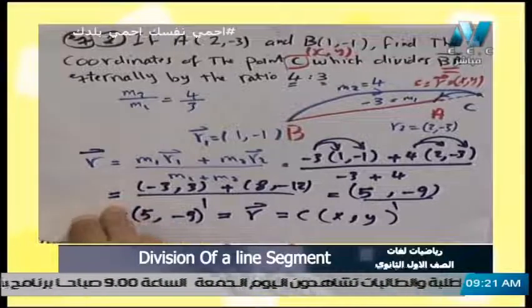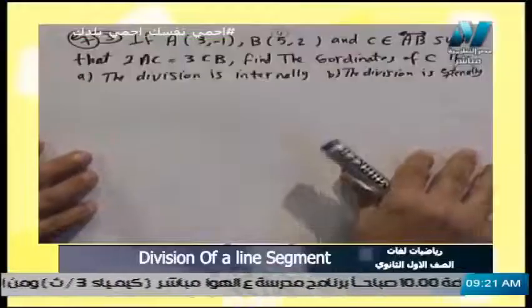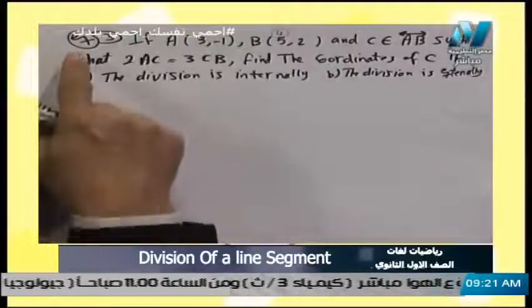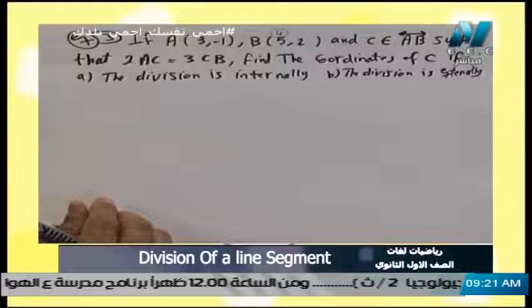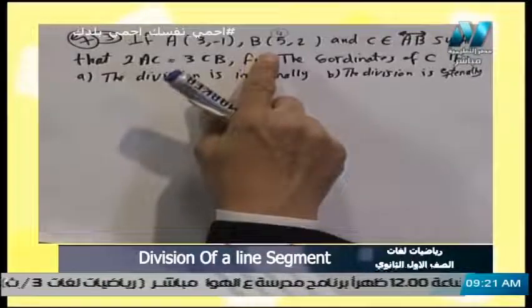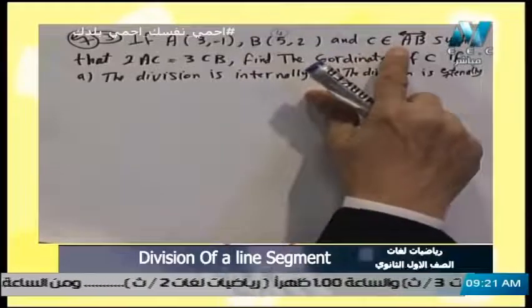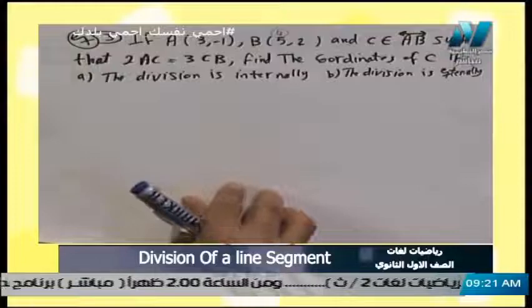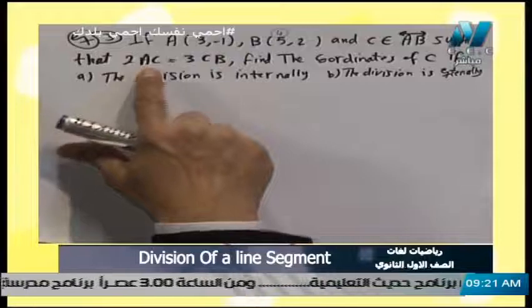Okay, let's move to another example. We now, my dear students, differentiate between internal division and external division. Okay, we have another example here. Example 3: if A equals (3, -1), B equals (5, 2), and C belongs to the straight line AB, so we don't know where exactly C is, such that 2AC equals 3CB.